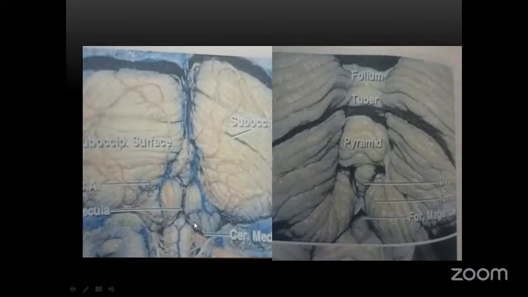What is the macula? Yes, please, anyone? No one can tell what the macula is.